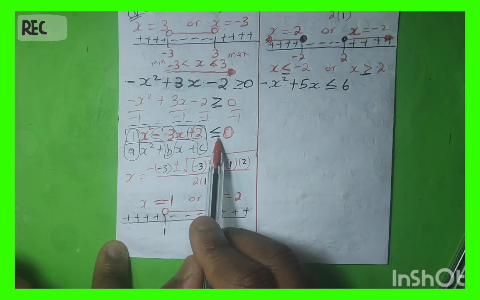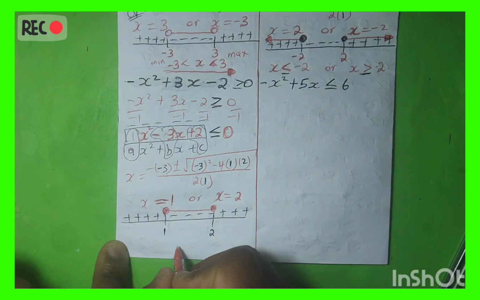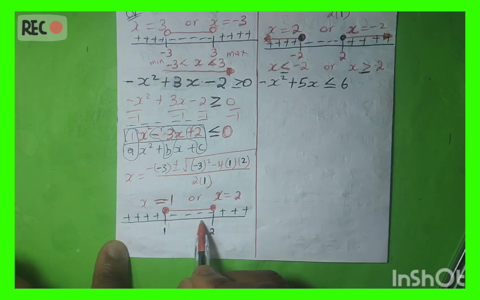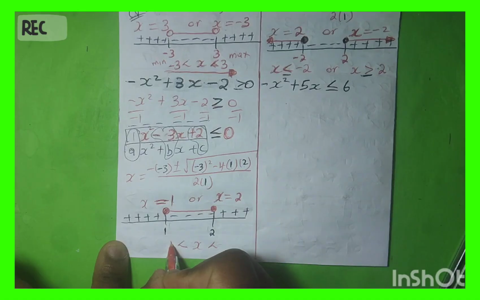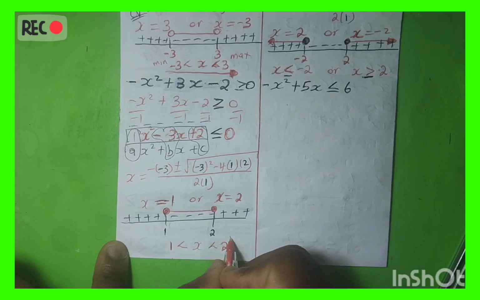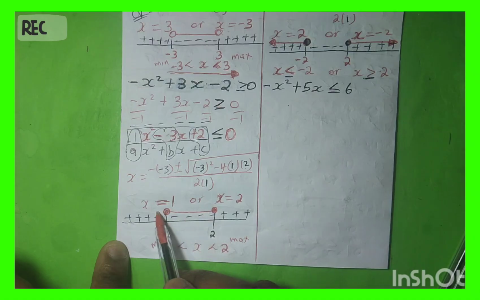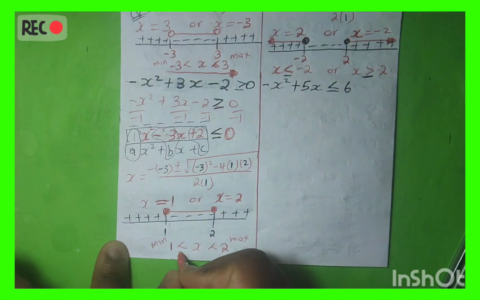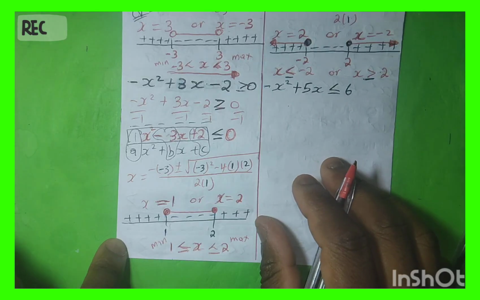And there we got equal, I will shade. So straightforward. For me to identify the values which are between 1 and 2, I'll use this format. Minimum it's 1, maximum it's 2. And because I shade and I got equal, I should include those values.